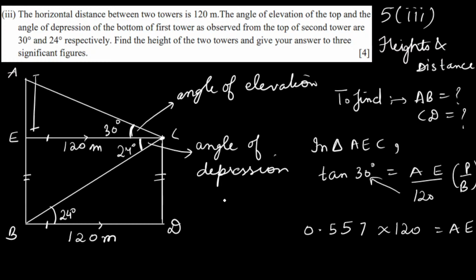I hope you are solving along with me. If I do the multiplication here, it will take a lot of time. 557 into 12, 7 into 2, 14. Share the answer with me.